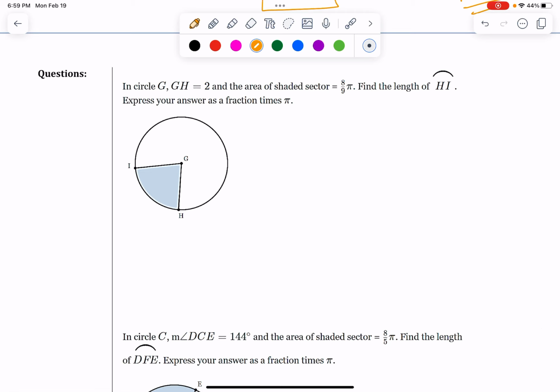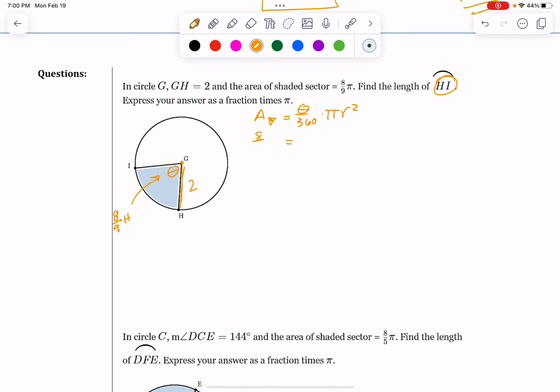So in the circle G, remember that circles are named by their center points, GH is 2, and the sector area is 8 over 9 pi. And I'm looking for the arc length. But I don't have an angle. So if I have the area, the area of my little pie piece is theta over 360 times pi r squared.